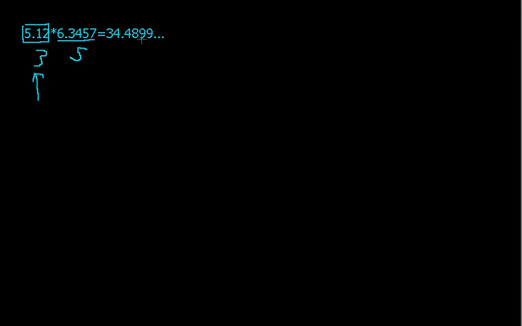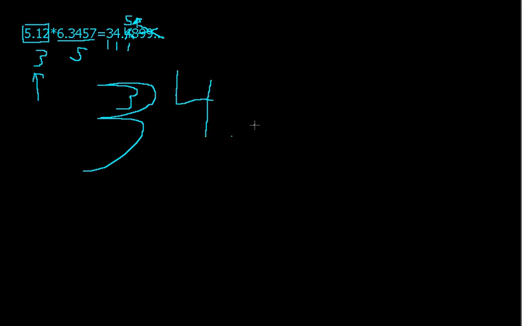It starts from the left, so 1, 2, 3, and then we have to round. This time it rounds up, so this becomes 5, and all of the rest just disappear. So our final answer is 32.5. That is how you do multiplication with significant figures.